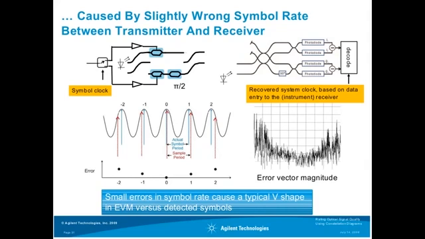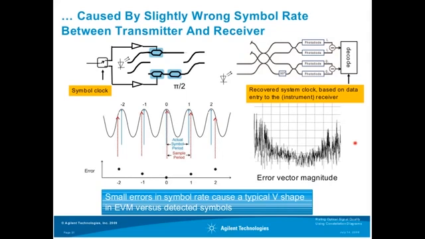And if there's a slight misalignment between these two symbol clocks, you get a kind of fading that is represented by the different periods of the actual symbol clock and the sample symbol clock, that leads to these errors described here, and this leads to this pronounced V shape of your error vector magnitude.